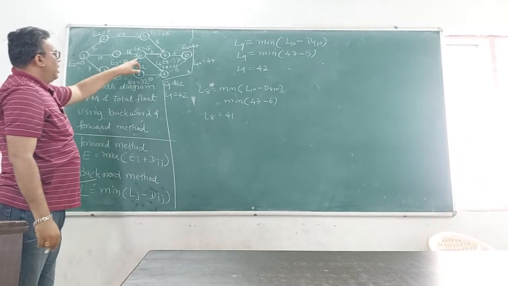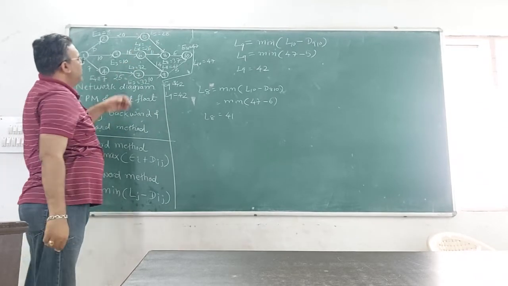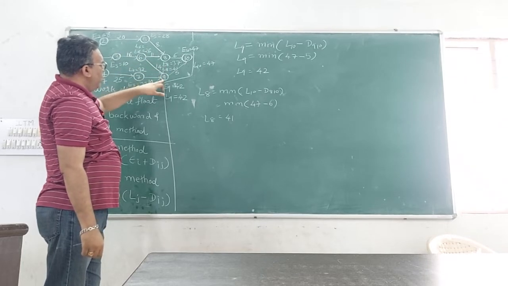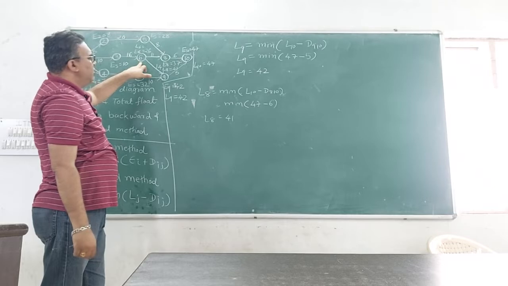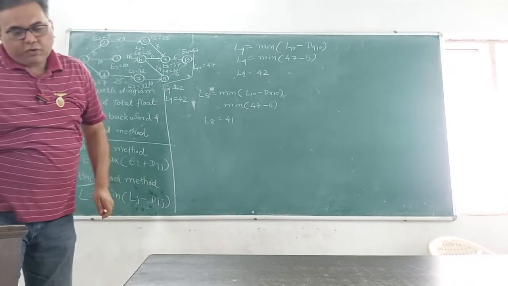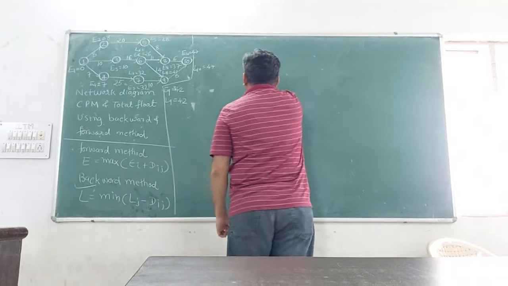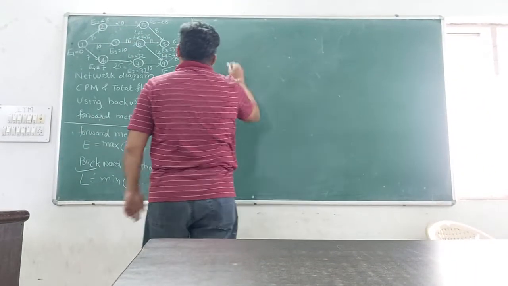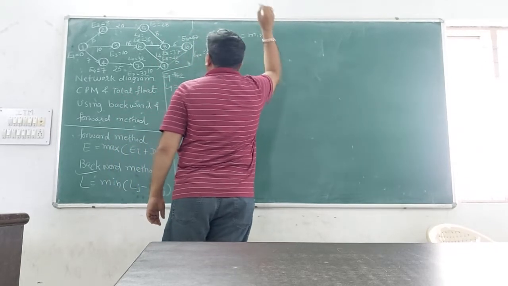Now L6. What is the preceding value for 6? L8 and L9. There are two preceding values for getting L6. For this we have to use the formula with the help of the minimum value. L6 is minimum into bracket.